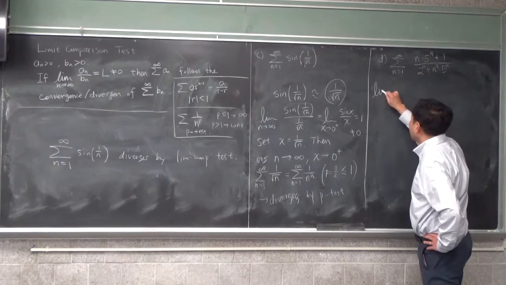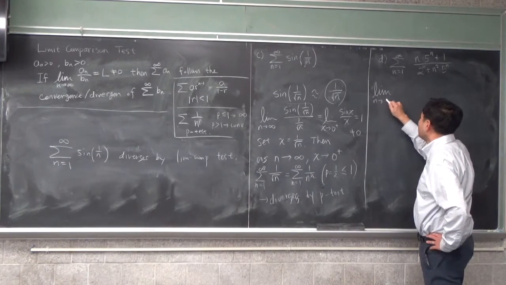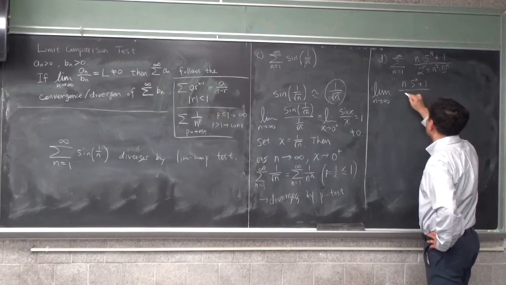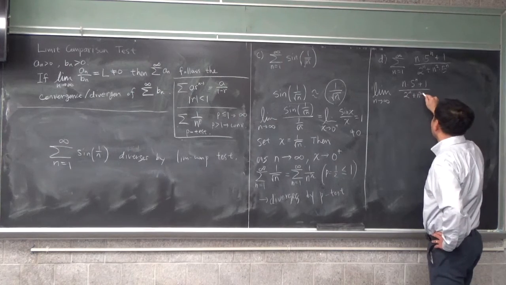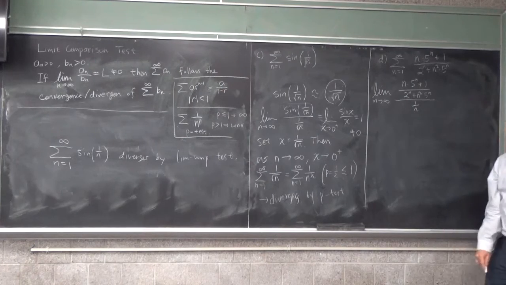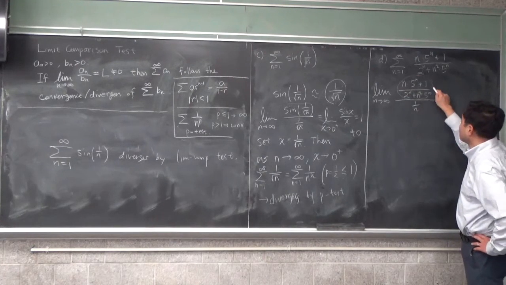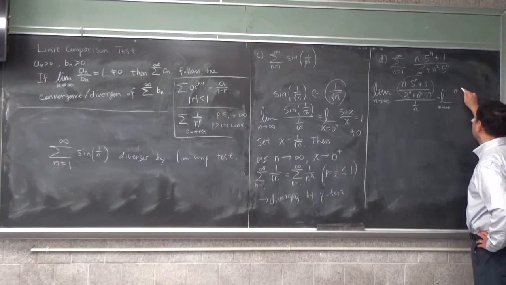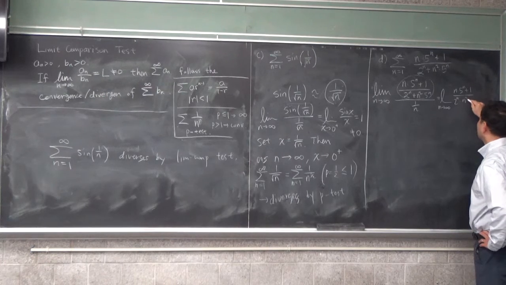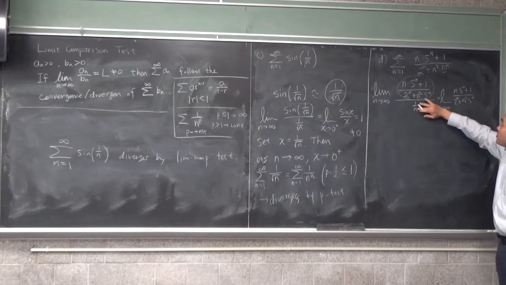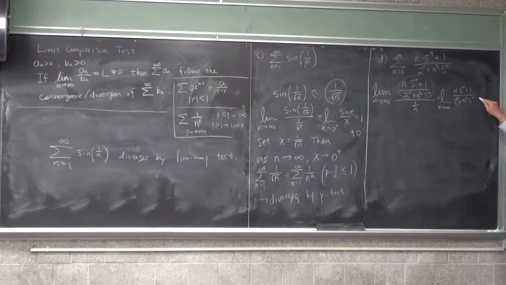All right, so we're going to compare it with 1 over n: the limit as n goes to infinity of (n times 5 to the n plus 1) over (2 to the n plus n squared times 5 to the n), divided by 1 over n. We're going to use keep change flip, so keep this one, and you flip 1 over n as n over 1.